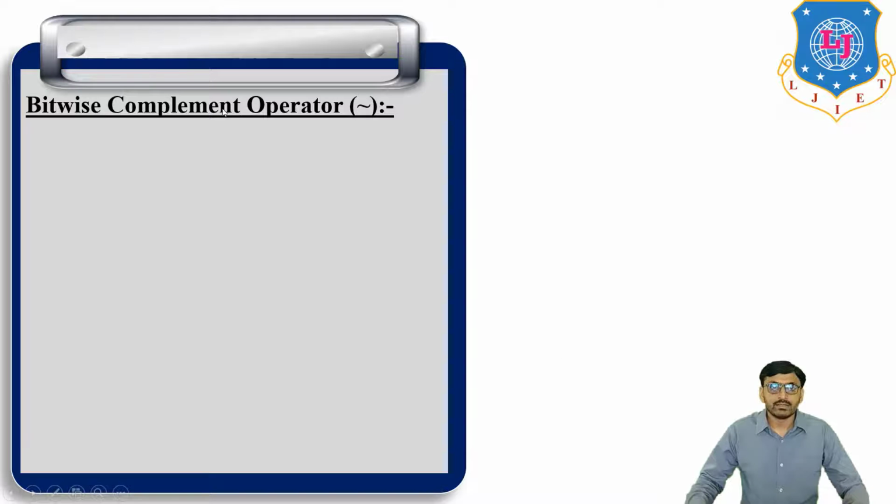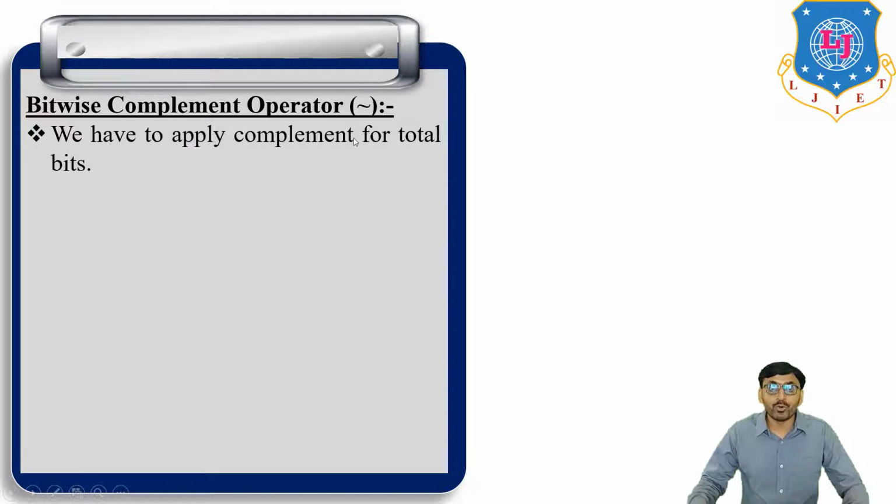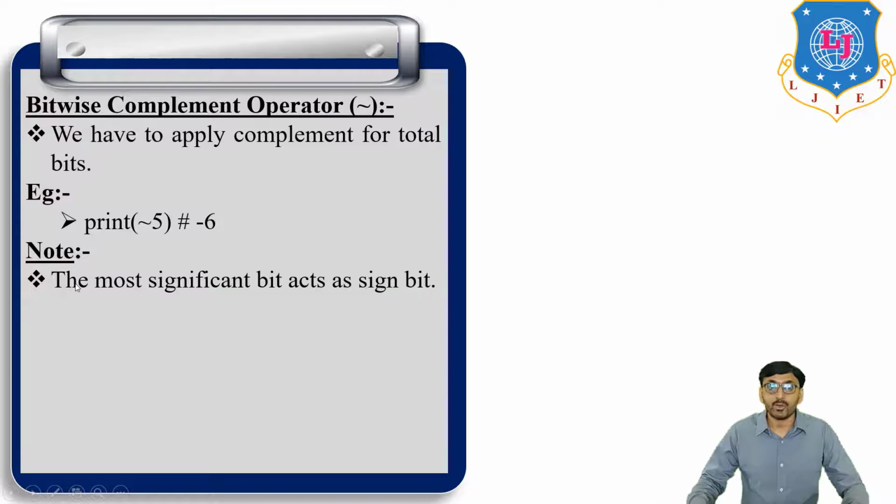Then the bitwise complement operator. This symbol is used for the complement operator. We have to apply the complement to the total bits. For example, print complement of 5, it is equal to -6. Note the most significant bit acts as a sign bit.